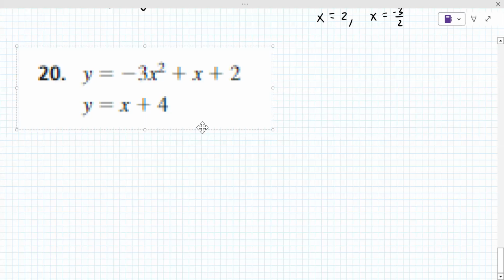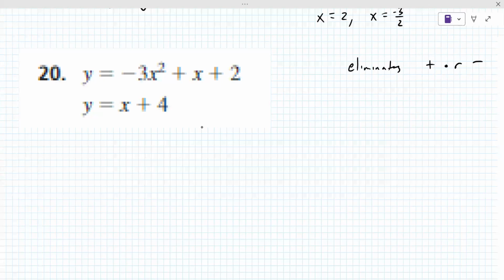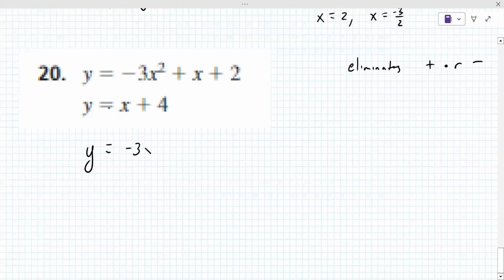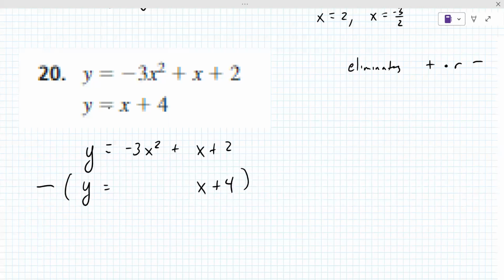So if you recall, one of the key things when you're eliminating is that you're either adding or subtracting the equations, and you sometimes multiply one equation or the other or both by a number. Does that sound familiar to you? Yeah. Okay, so here's what I'm doing. I'm just rewriting the equation, lining stuff up. And we're going to subtract the second equation from the first equation.